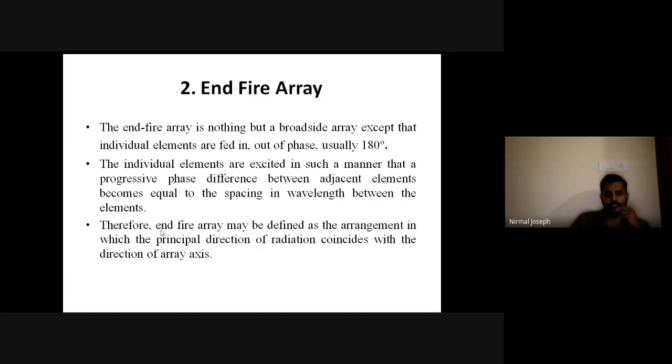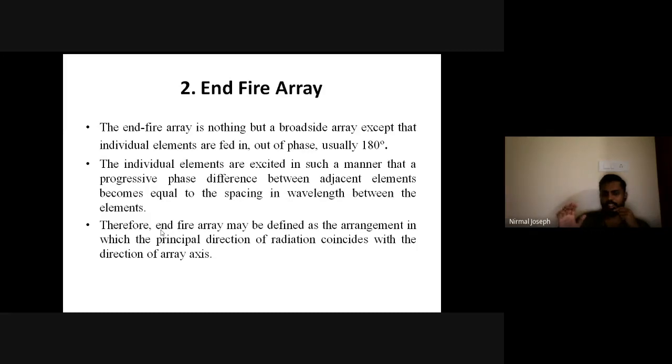Here, currents are out of phase. The individual elements are excited in such a manner that the progressive phase difference between adjacent elements becomes equal to the spacing in wavelength.